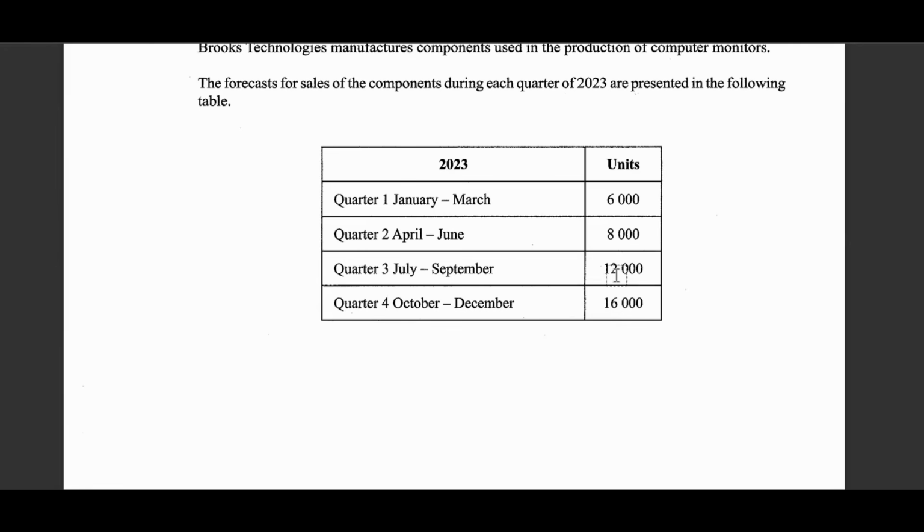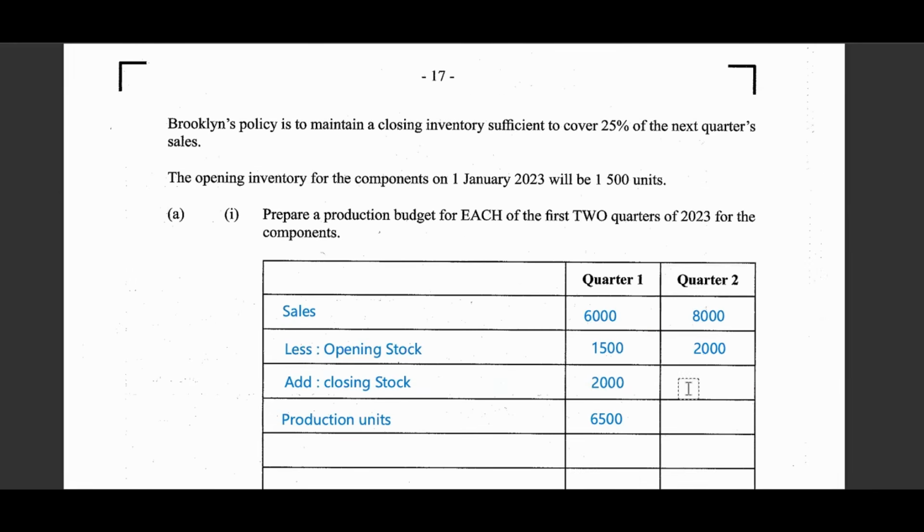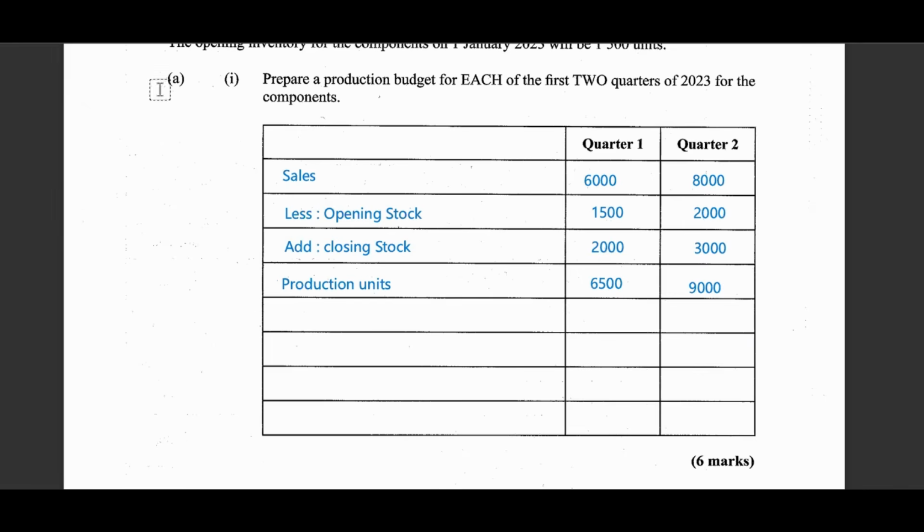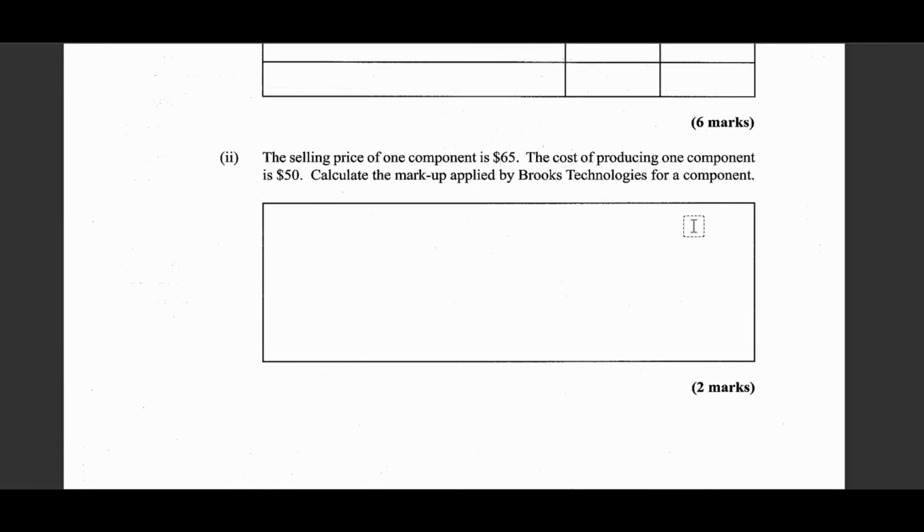Next quarter is 12,000. 25% of that would be 3,000. And our production worked out to be a value of 9,000. Right, so we got through pretty well with our production budget thus far with 6 marks. Right, good guys. Time for us to move on to part 2.